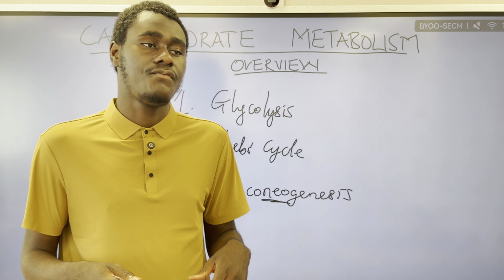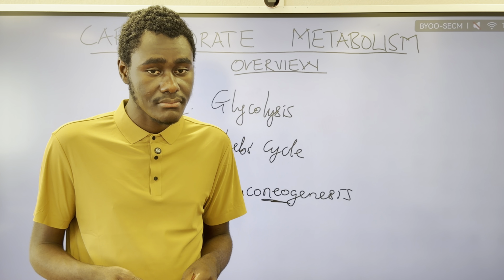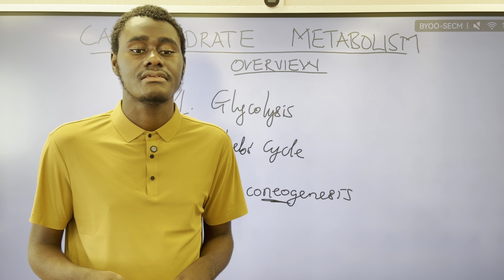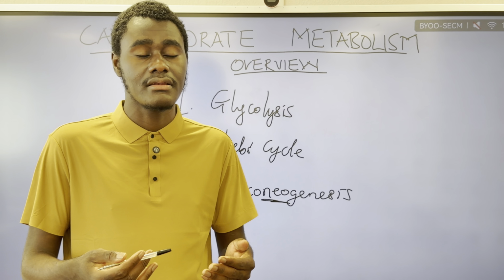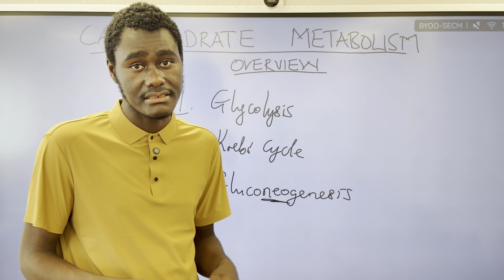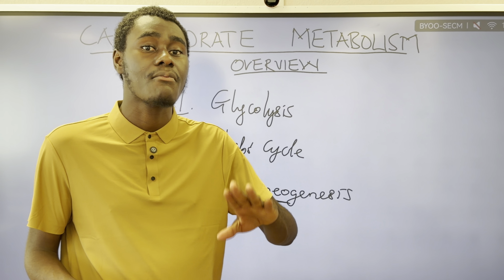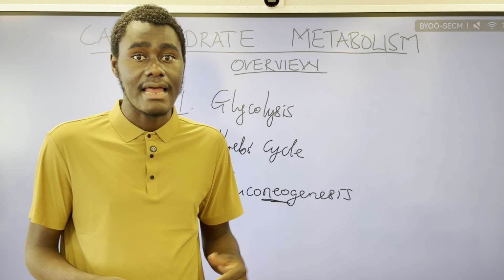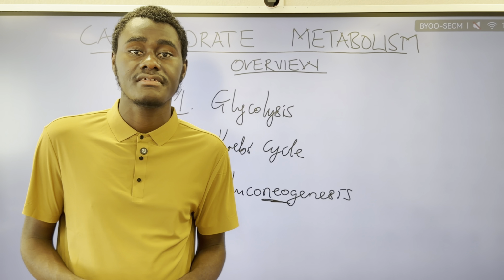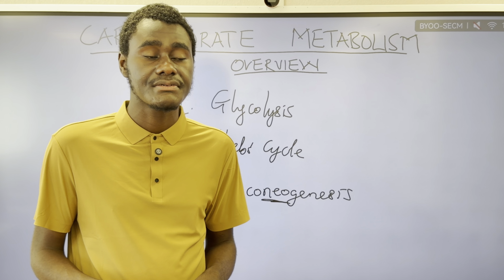So if we lack glucose, our body tries to synthesize it in a pathway known as gluconeogenesis. That is from non-carbohydrate sources, such as proteins and lactate, which are going to be converted into glucose in a series of steps.